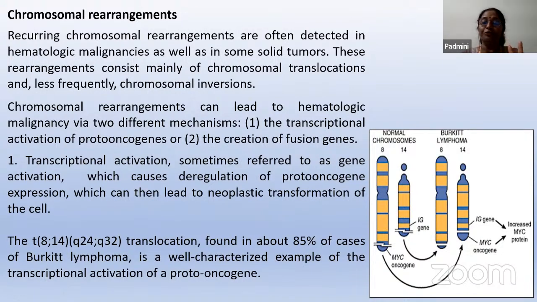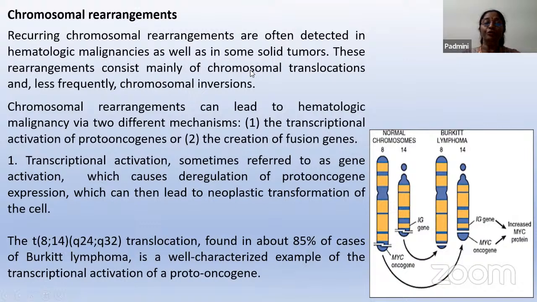Two different types of mechanism can occur for the translocation to take place. This translocation of the genes to a different place can occur due to transcriptional activation of proto-oncogene and creation of fusion genes. What is this transcriptional activation?